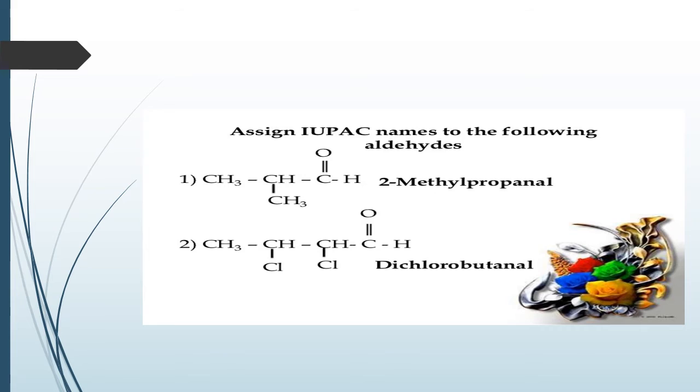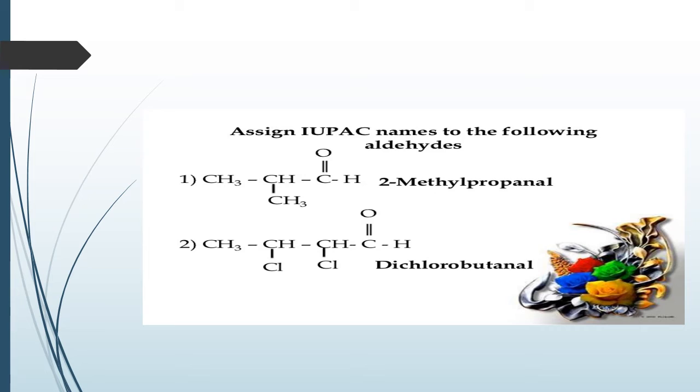There is another example I have written here. Look at this: 1, 2, 3, 2-methyl propane. E is replaced by Al: propanal. If there is any other group, Cl, dichloro butanal. So this is very simple. Keep three things in mind. First, parent chain.